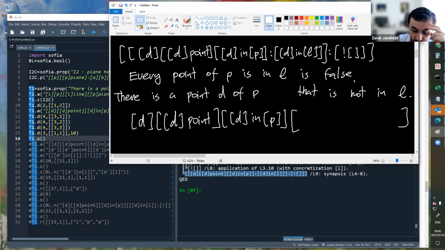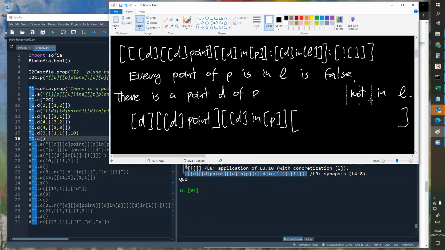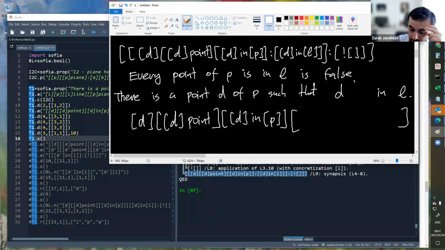Such that D does not lie on L. Such that D is not in L. So how to say this part, D is not in L? We already said that there is a point D on P, but now we want to say D is not in L, this part. How to say that?